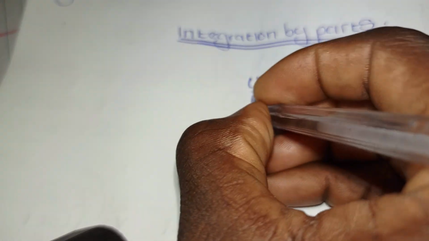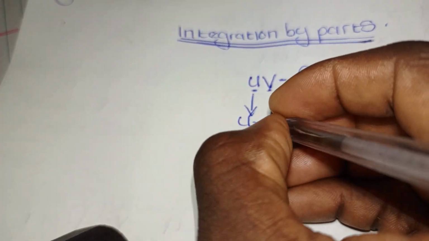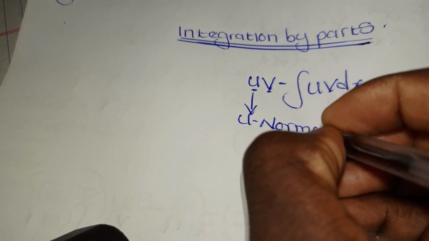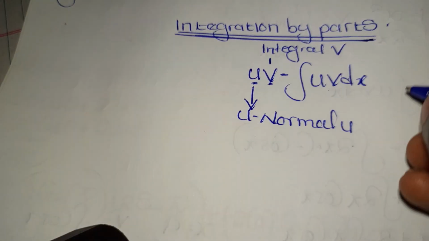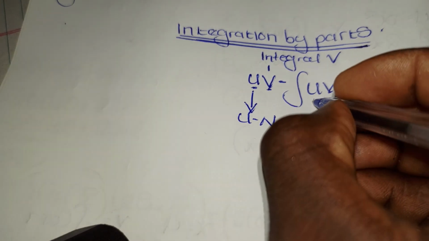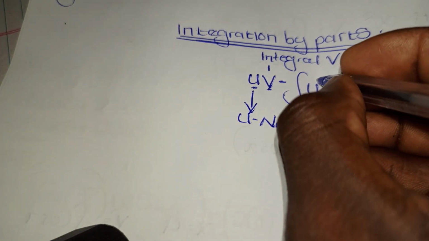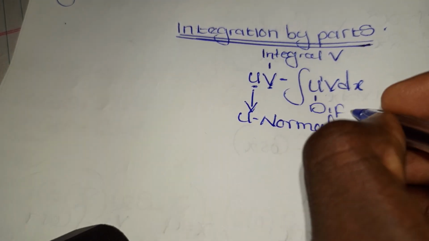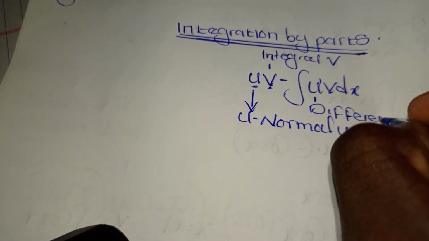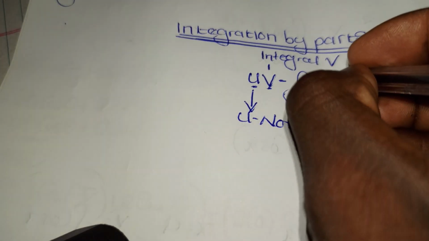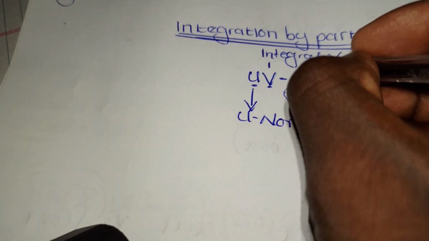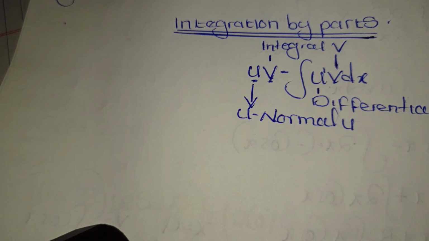So this u is the normal u, while the v is the integral v. Then this u is now the differentiated u, while this other v is the integral v.